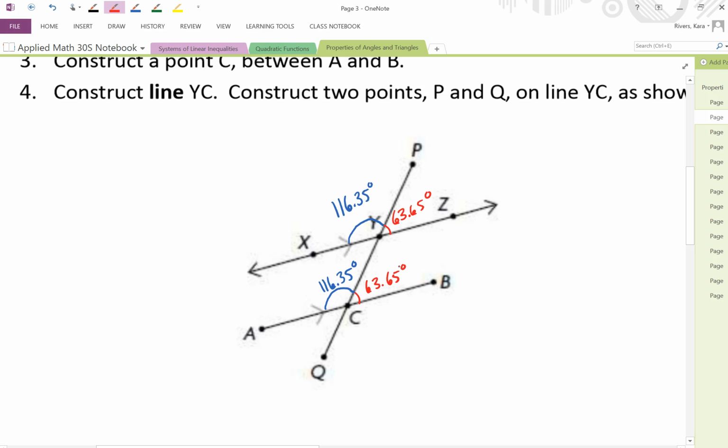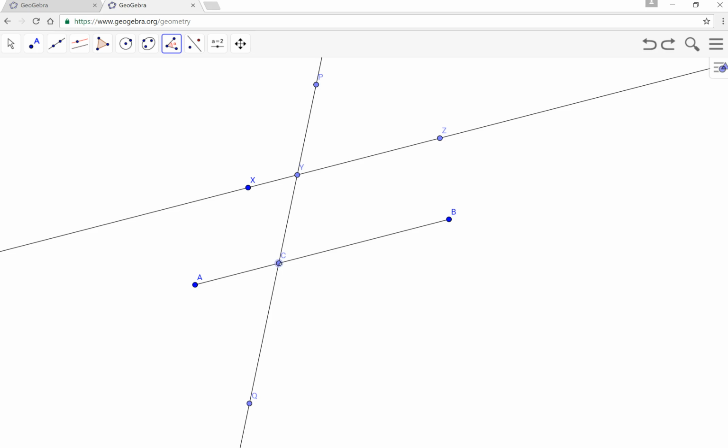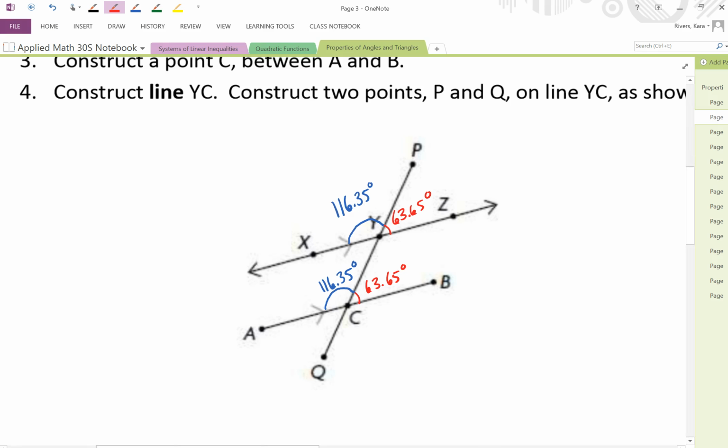Okay, let's get the other angles. Measure C, Y, Z. It's 116.35. Q, C, B, 116.35. So that's interesting because we've seen those before as well. So that's here. Okay, and you can maybe also anticipate what these last angles are going to be.